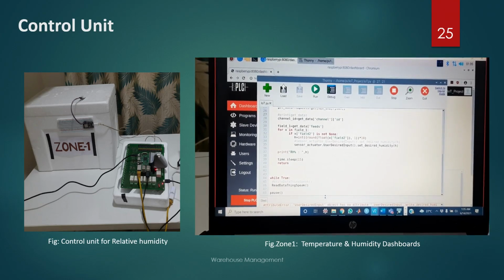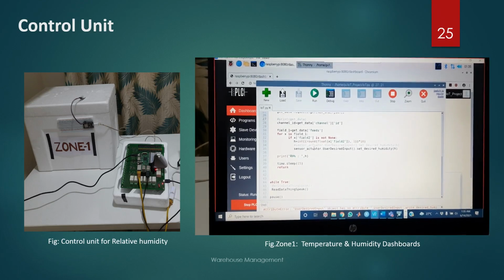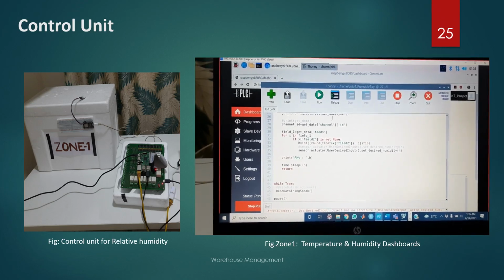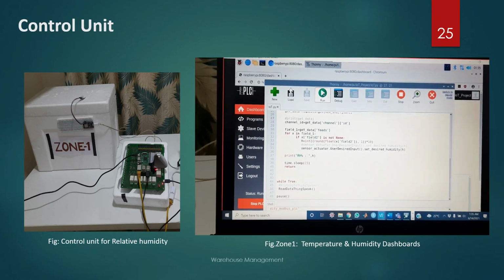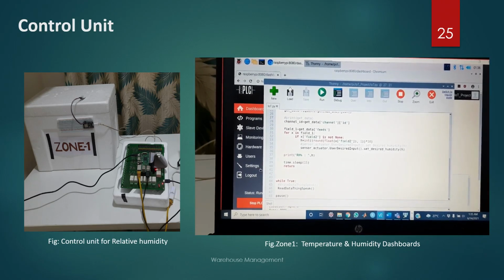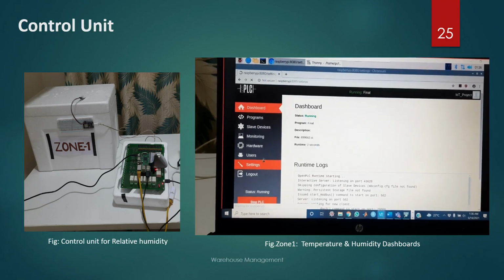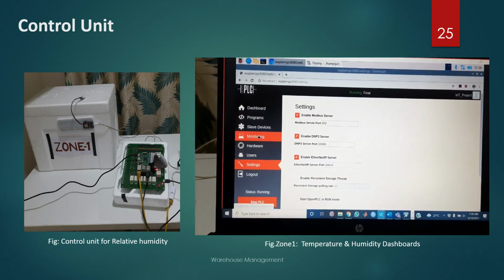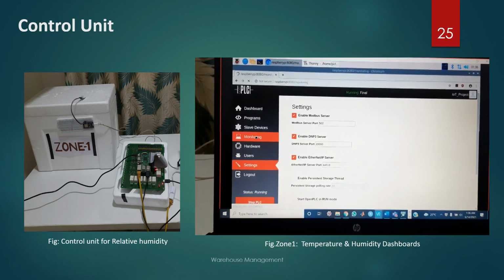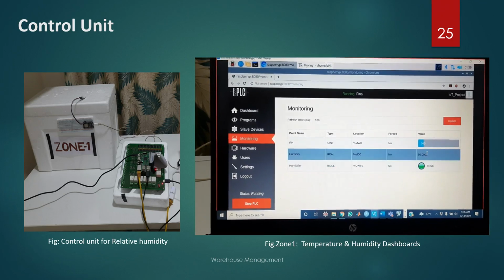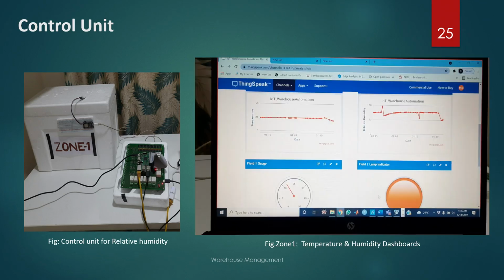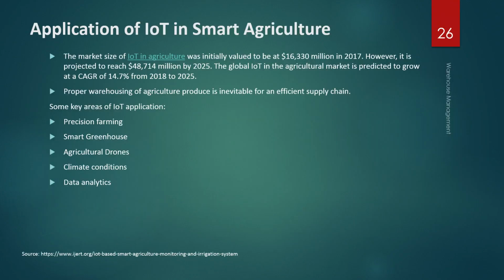You see this is the simple code which has been written, and temperature and humidity dashboards, right. This is the Modbus protocol, which is monitoring the chamber inside and uploading the data. So, that is it. We have a demonstration of this simple sensor and actuator system.